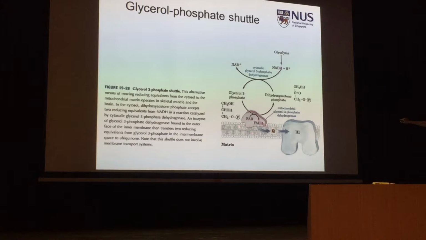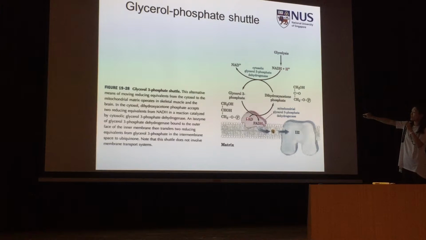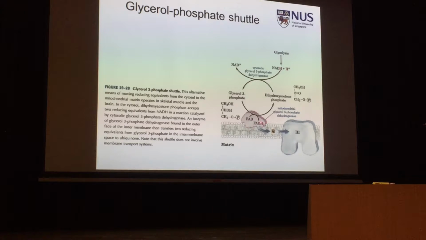This one over here is on the mitochondrial membrane. So this mitochondrial version of the dehydrogenase will pass on the electrons found here via FAD and FADH2. And from here, the FADH2 will enter the electron transport chain, as we have mentioned, to CoQ, coenzyme Q, complex 3, etc.